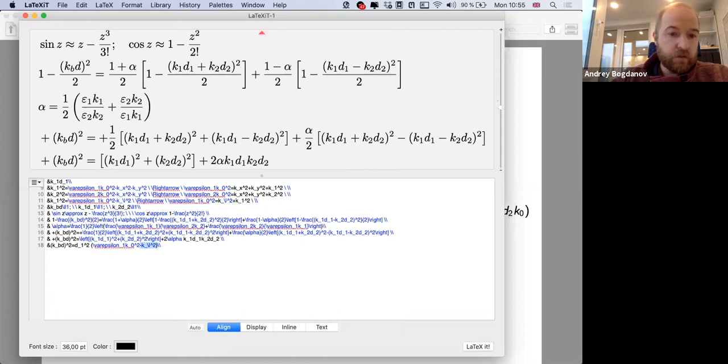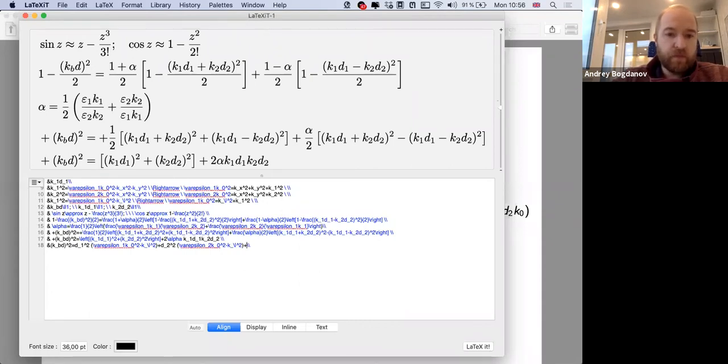And here plus d2 square, epsilon 2, and also k parallel. Okay. And here plus 2 alpha.